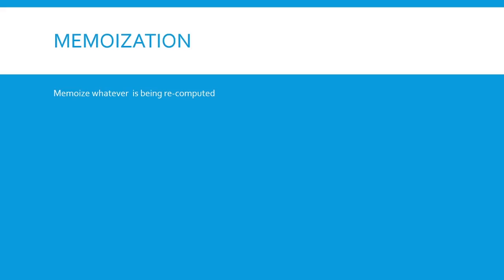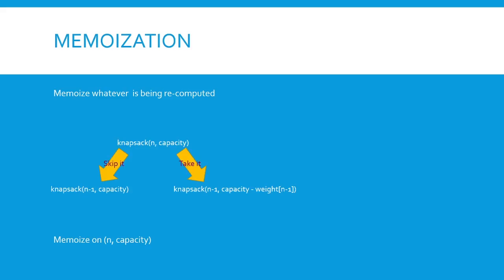so the idea of memoization is you have to memorize whatever is being recomputed. And that's how you can actually avoid recalculation of the same thing and thereby improve the time complexity. If you take a look at this tree, what you are essentially doing is making the bifurcation at each step and picking a decision whether to skip it or take it.